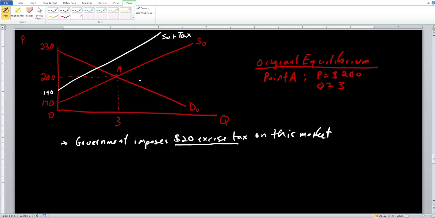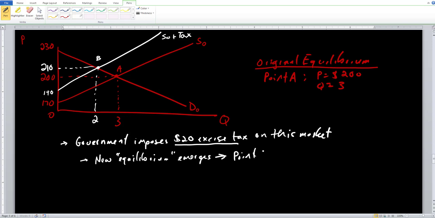When this occurs, a new equilibrium price emerges at point B. The numbers I'll provide in this case are $210 and an equilibrium quantity equal to 2. So here we can consider this to be our new equilibrium, in quotes.